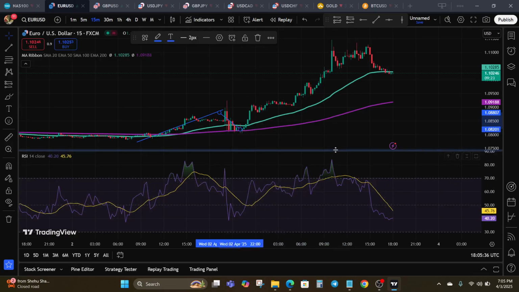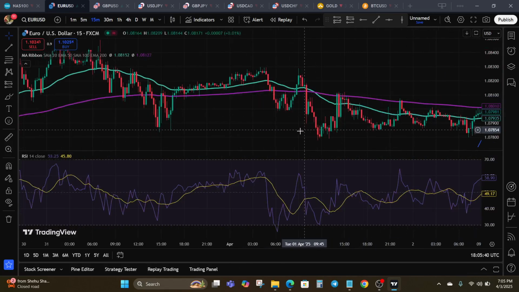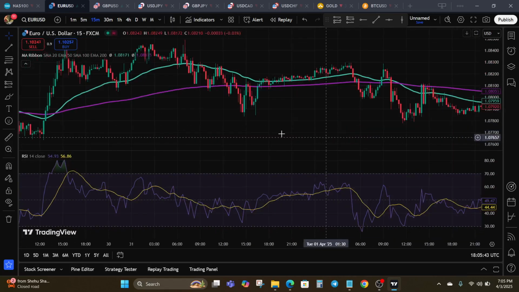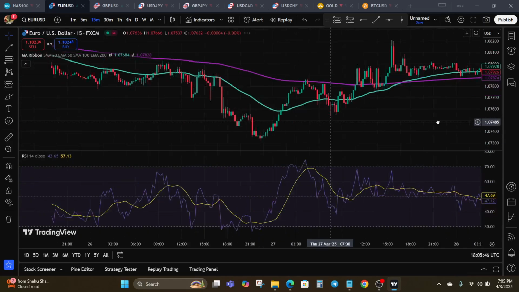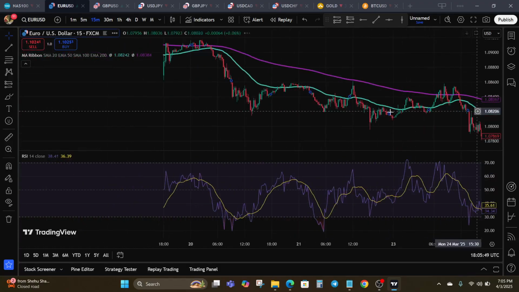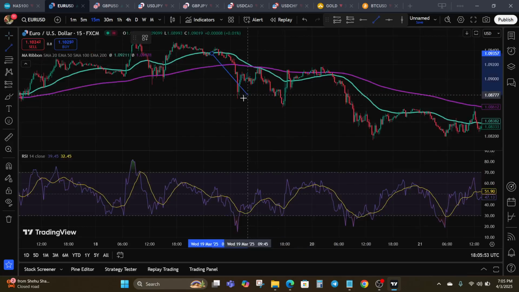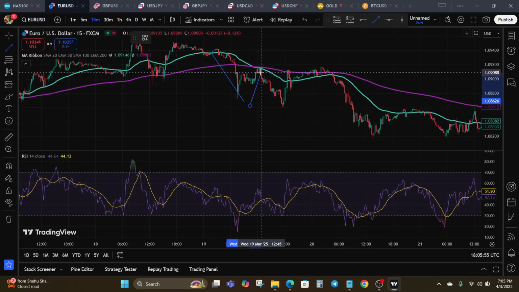In a downtrend, we wait for price to pull back to the 50 EMA as well. All right, let's look for a good example of a downtrend. You can see that here. The 50 EMA has to be below the 200, of course. Then you wait for a pullback to the 50 EMA.